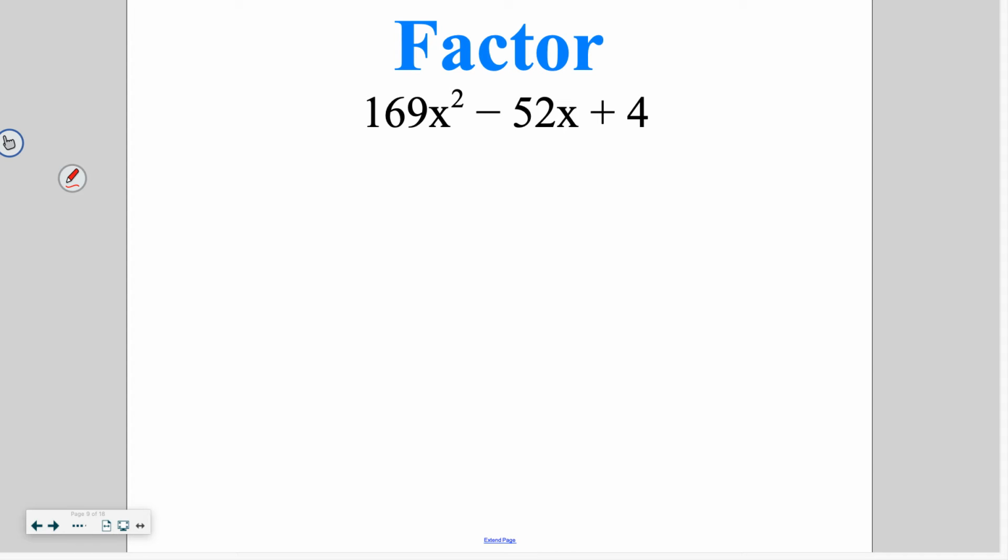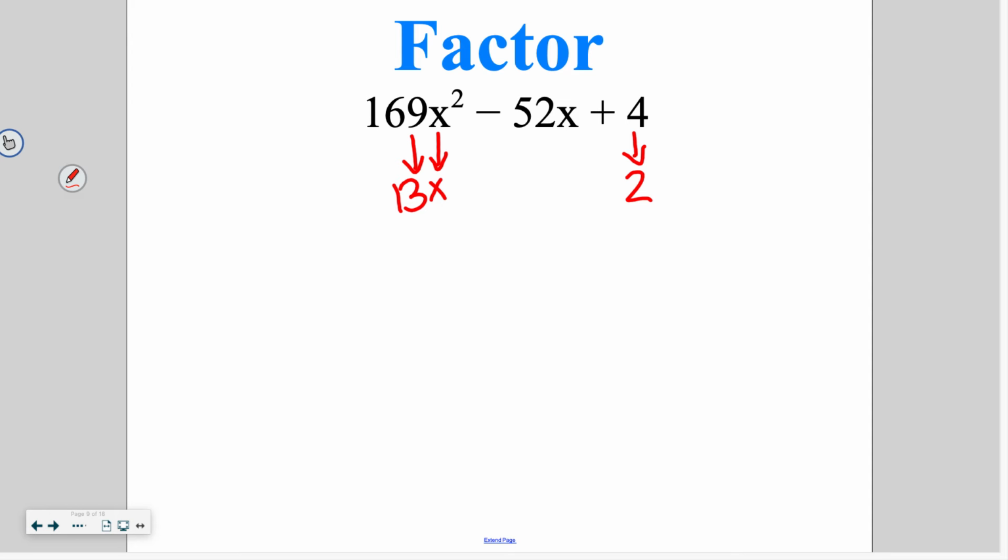So we have 169x squared minus 52x plus 4. So our first thing to check is, is the first term a perfect square? The answer is yes. We can take the square root of 169, that's 13. The square root of x squared is x. Then we jump to the back, and we say, okay, the square root of 4 is 2.